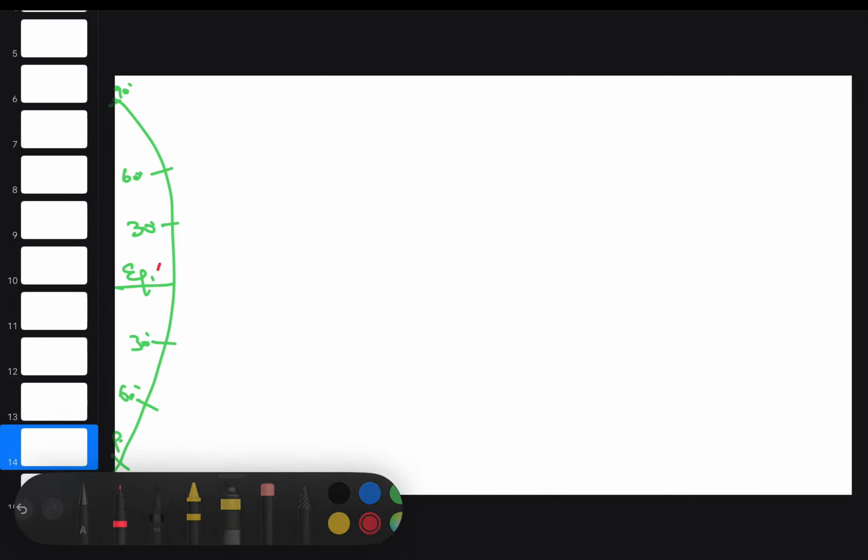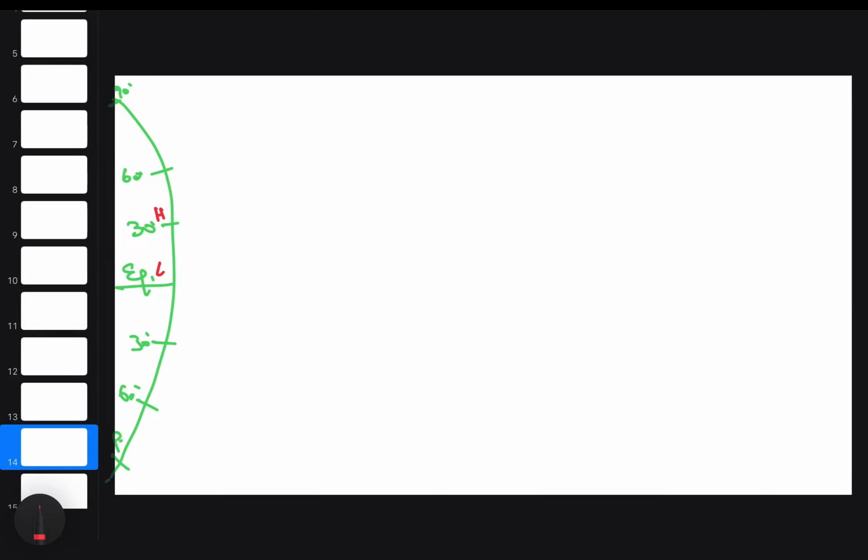Here we have low pressure, high pressure, low pressure, high pressure. Wind will move from high pressure to low pressure. This is the direction of the wind.